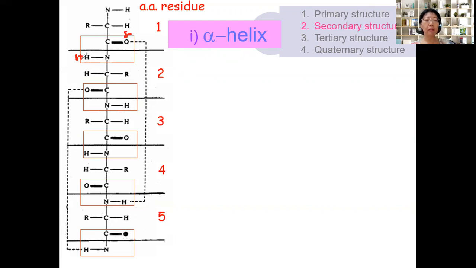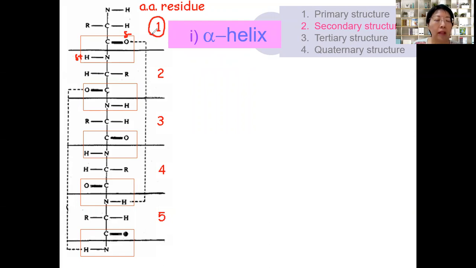So imagine that every amino acid is a family, or let's say, imagine each of these amino acids is a person, right? So they line up together. Now, amino acid number one wants to form a bond with one of the amino acids. So you have to look around and see which amino acid can form a bond.